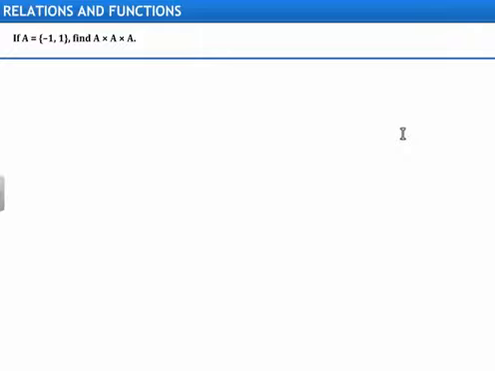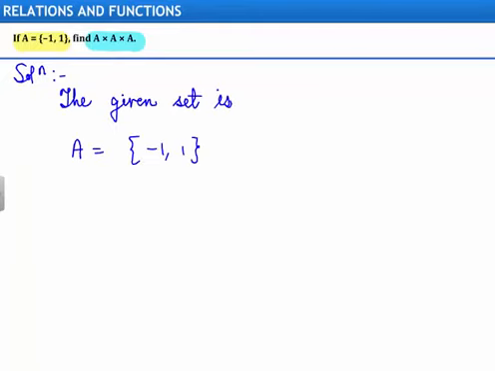In this question, it is given that set A is equal to {-1, 1}. You have to find the Cartesian product A cross A cross A. Let us begin the solution of this question. The given set A is {-1, 1}.